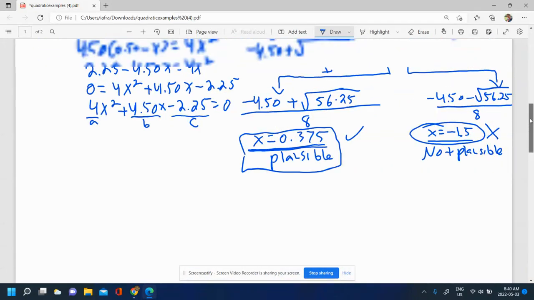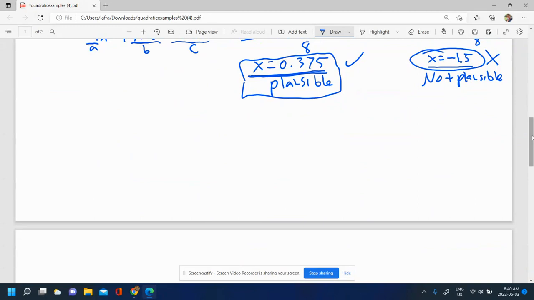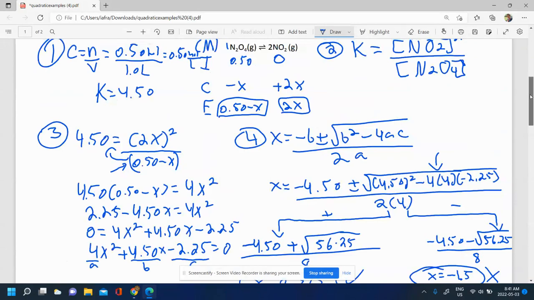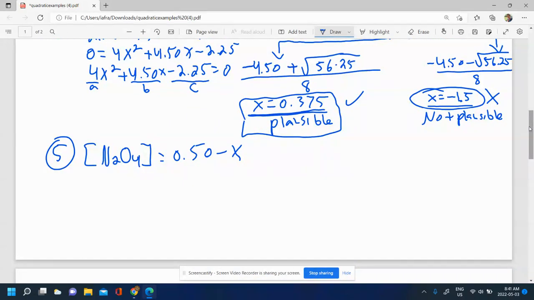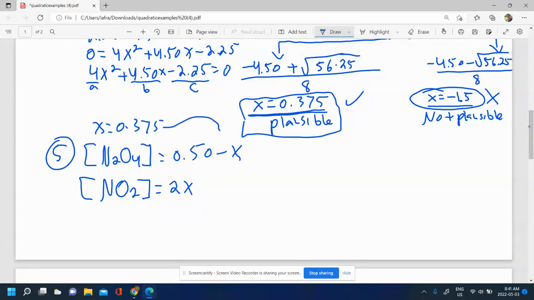So that's our last step. So this was step 4. Step 5, the concentration of N2O4 at equilibrium was 0.50 minus x. Let me just double check that. That is true. And the concentration of NO2 at equilibrium is 2x. And so remember, x is 0.375, and we're plugging that into here and into there.